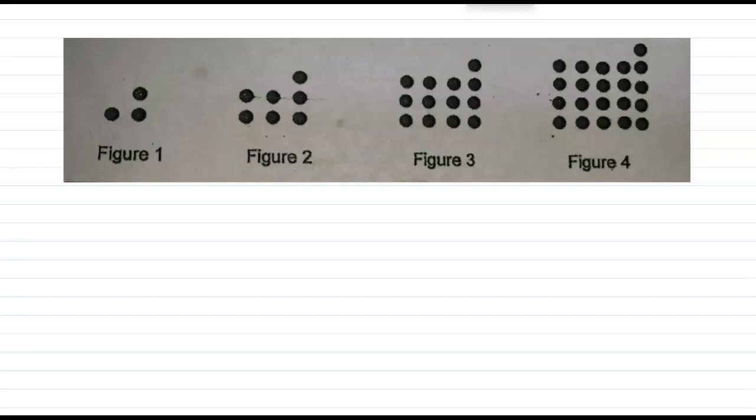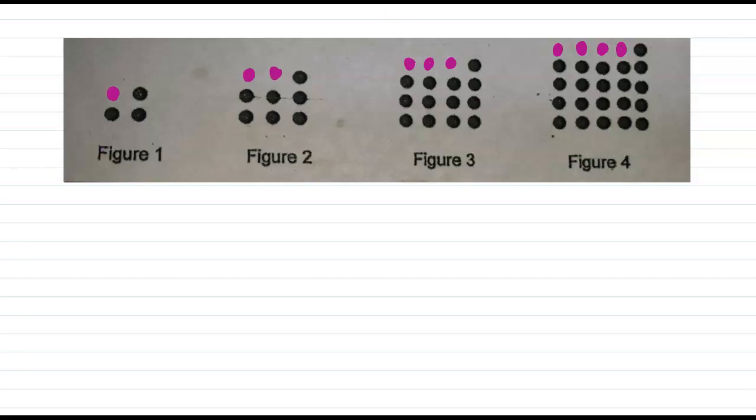Now let's see the next way. Now if I fill in the missing dot, it makes a square. And here also it completes the square. It completes the square in all the figures the moment I've put down the missing dots.